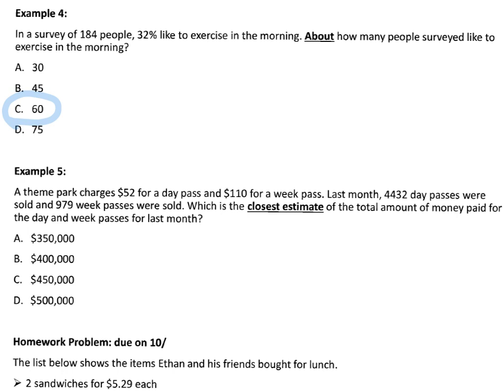So I want to give you some hints. You want to figure out day passes and week passes and add that up. So I want you to try number 5, and when you unpause, all of my work will be there. See how far you can get on your own and then go back and check.